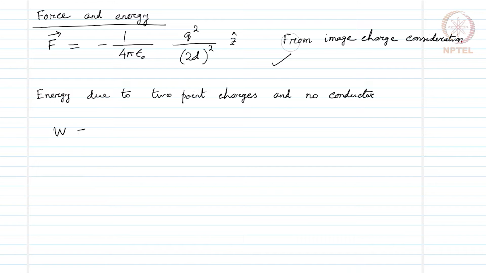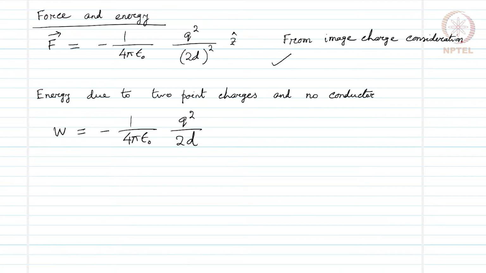The energy would be minus 1 over 4 pi epsilon naught q squared over twice d. But if we consider a single charge and a conducting plane, the electric field is actually stored in the upper half of the hemisphere.